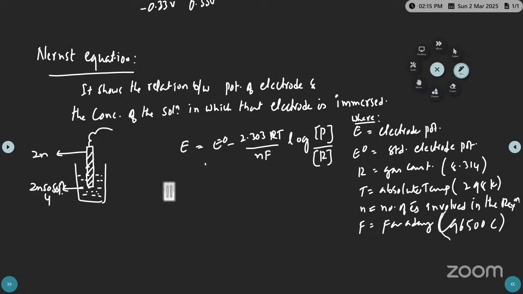Zn gives Zn2+ and 2 electrons are liberated. Before the reaction, zinc is in solid state, and when it undergoes oxidation, it converts into the aqueous state. This is the reaction, and to this reaction we apply the Nernst equation.